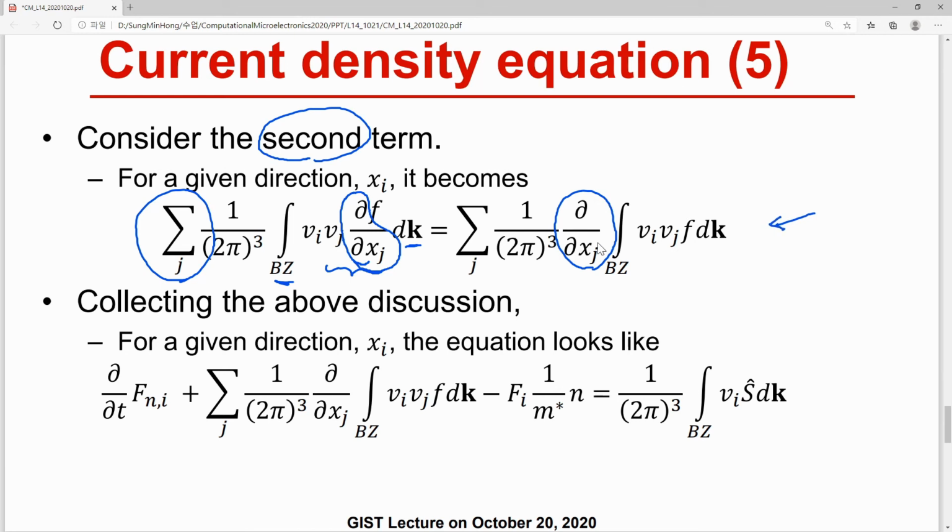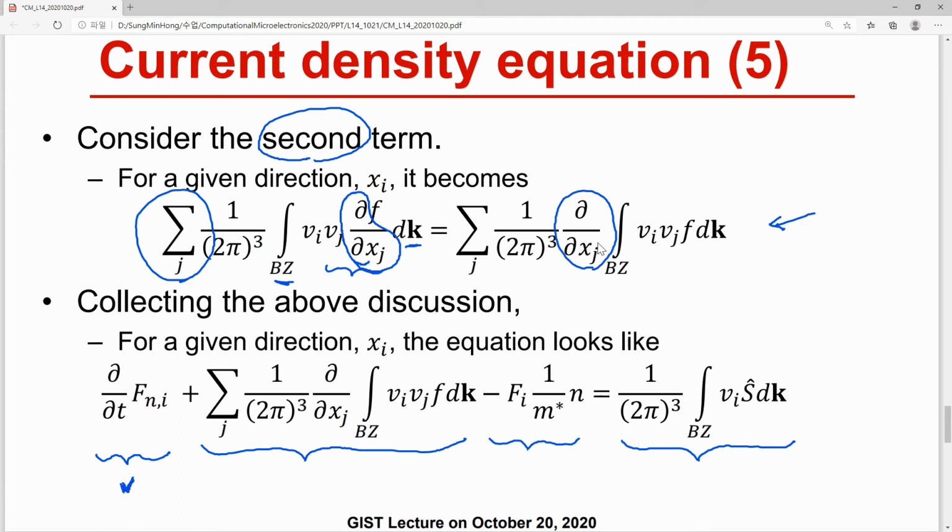Then let me just collect them all. You can see that this is the first term, related with the time derivative, and this one is related with the velocity, and this term is related with the electric force, and this is related with scattering. Among the four terms, this one is easily accessible.